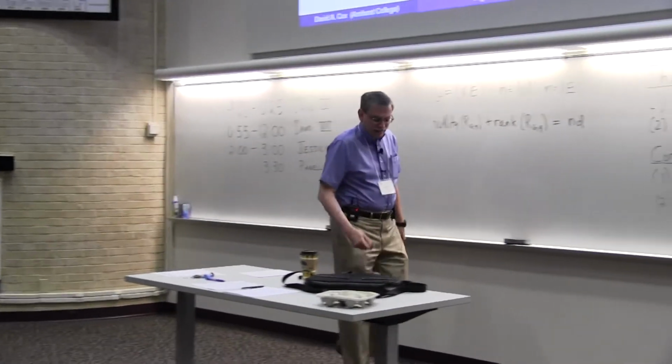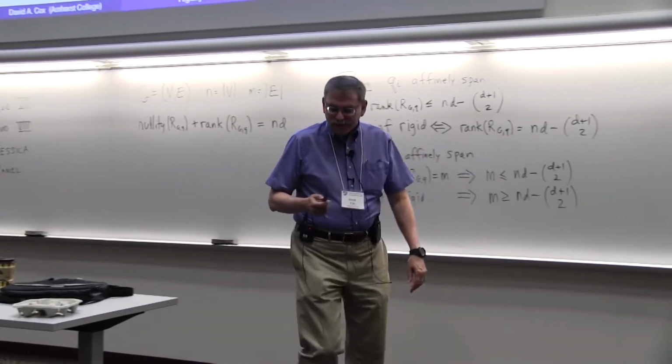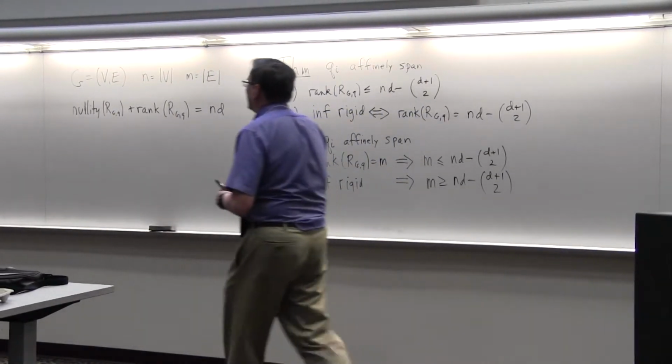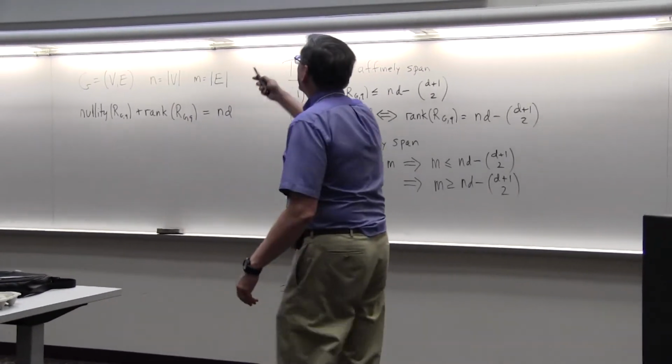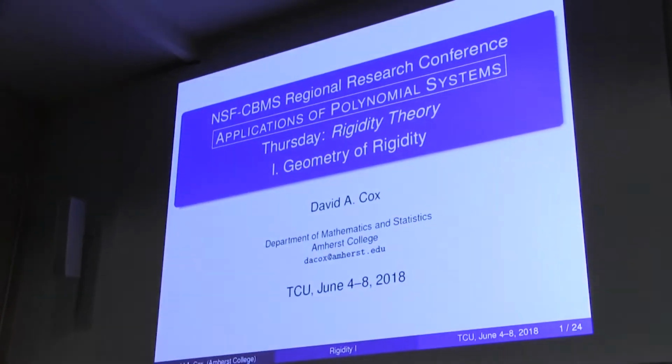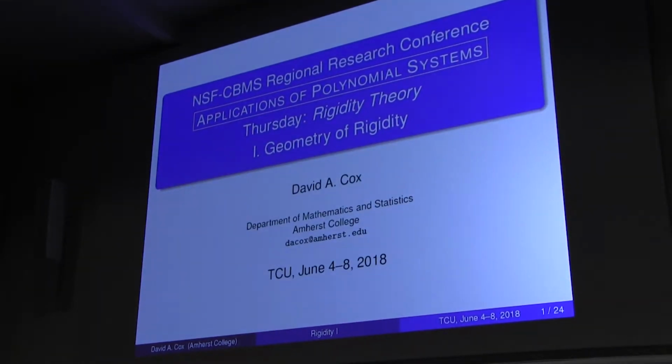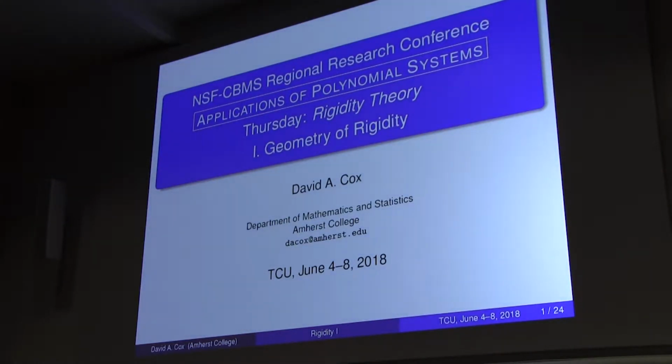So what I'm going to talk about today is rigidity theory. In the first talk, you can see that the title is the geometry. The second talk, I'll switch to combinatorics, and then Jessica will come and give us a much broader overview of what's going on.